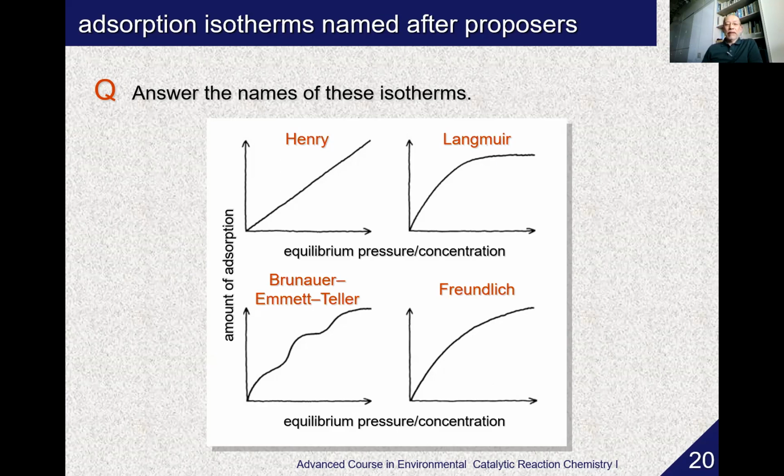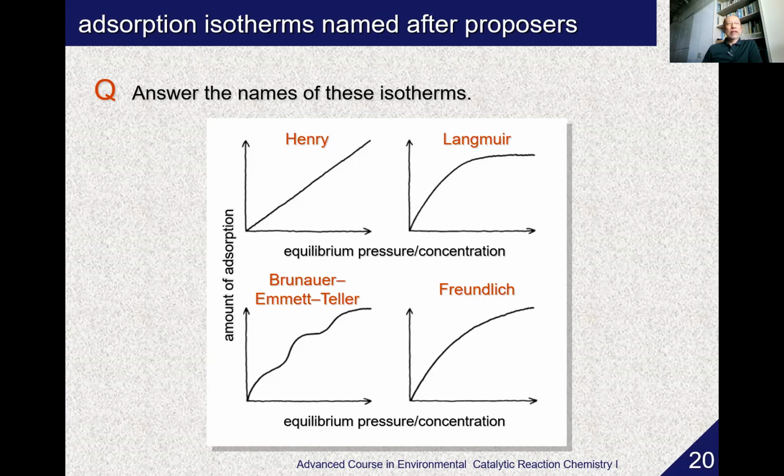So anyway, except for Henry, the other three isotherms were reported by those scientists, chemists. And probably Henry did not discover this one. Henry is the scientist who discovered the dissolution of gases in liquid.